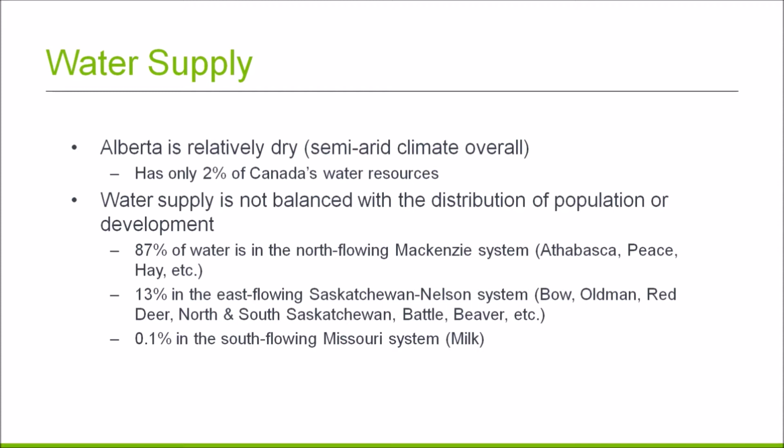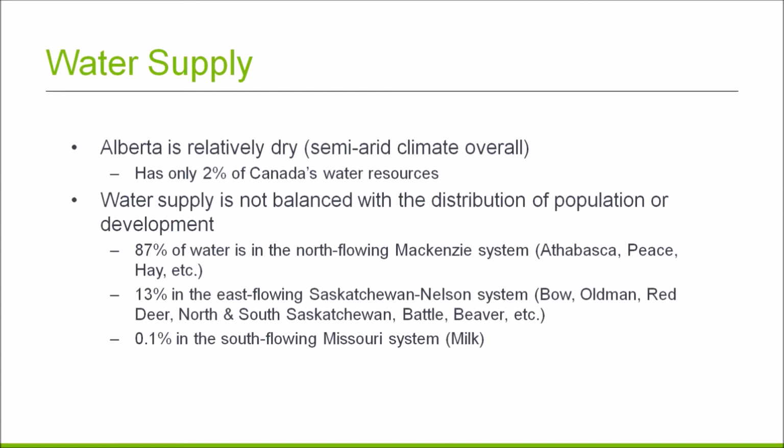Now this is a summary of the information that I already provided. Alberta is relatively dry because of its semi-arid climate. It has only 2% of Canada's water resources, and water supply is not always balanced with the distribution of population.